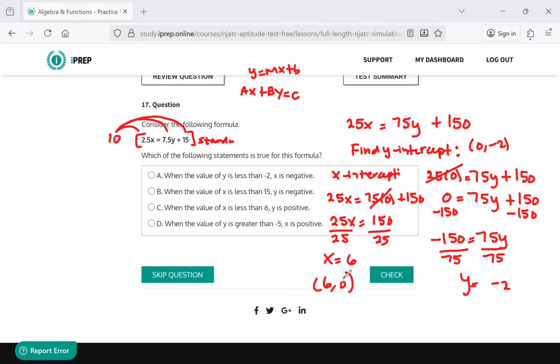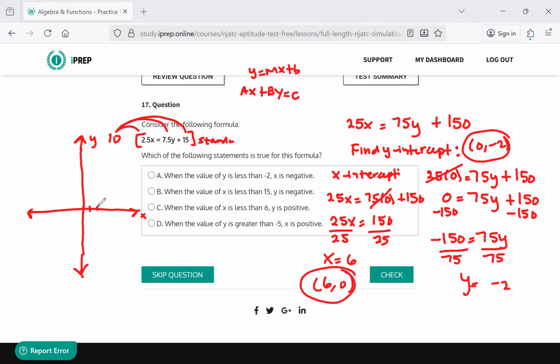All you need is 2 points to graph a line. We have an x-intercept of (6, 0) and a y-intercept of (0, -2). So go ahead and graph. Here's the x, here's the y.